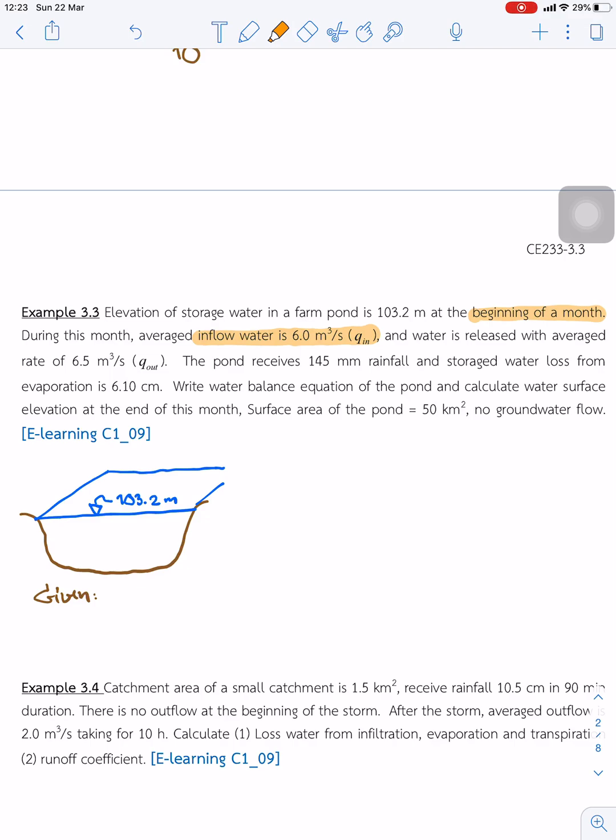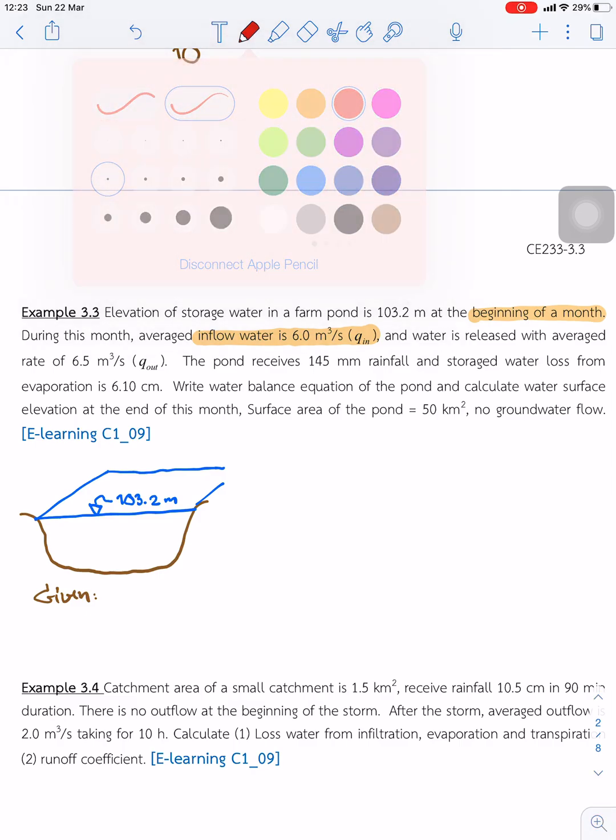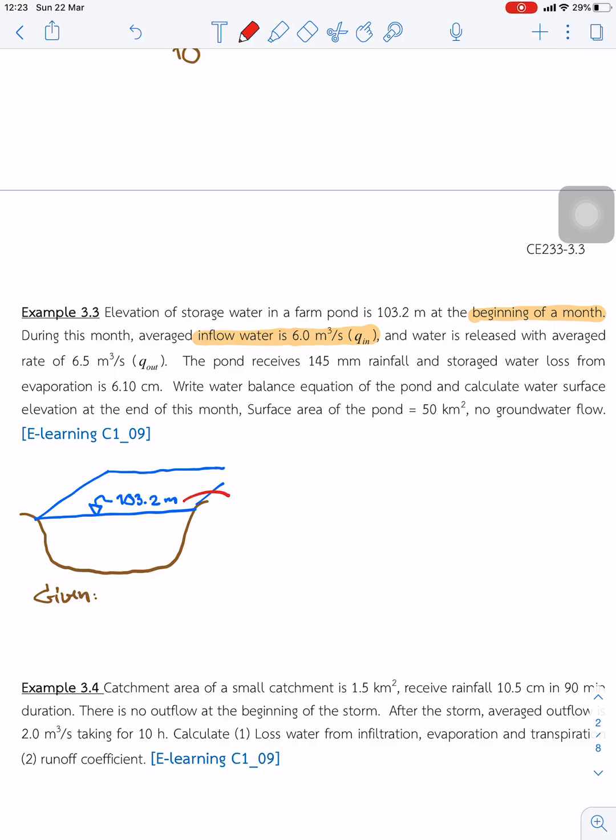So we expect that the inflow, okay, and the outflow is 6.5 cubic meters per second.